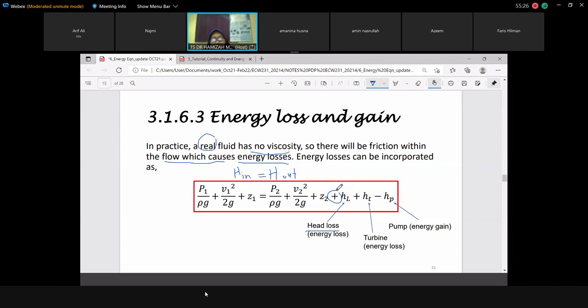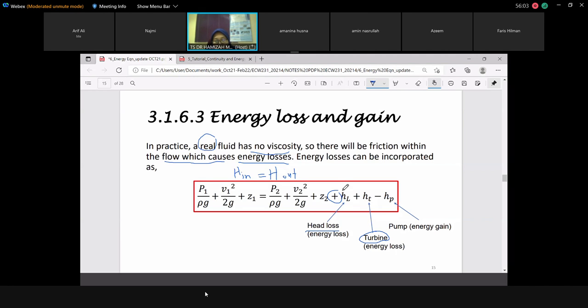Okay, so losses ada dua sebab. Ada dua faktor. Sama ada daripada pipe atau daripada turbine. Okay, maksud pipe ni adalah perubahan size pipe. So basically bila pipe tu daripada kita nak tukar pipe kecil kepada pipe besar kepada pipe kecil, nak branchkan dia, there is energy losses from the different change of pipe tu. So that energy losses is represented by HL.